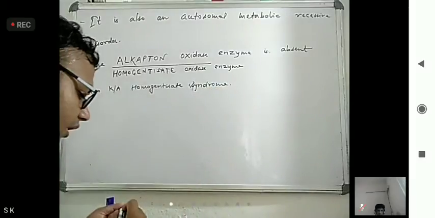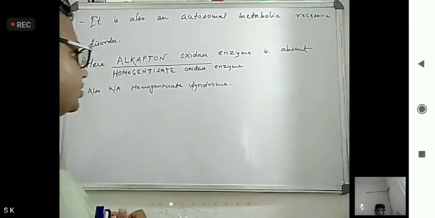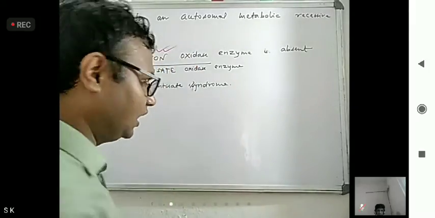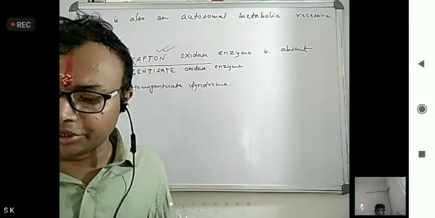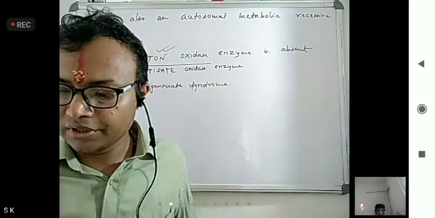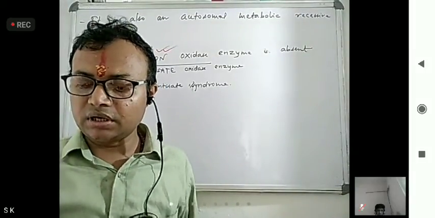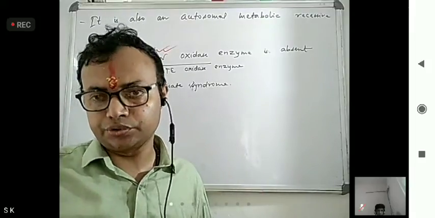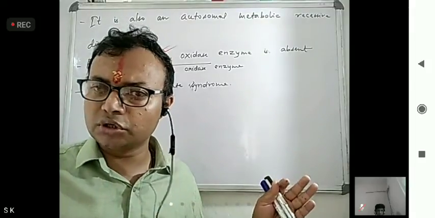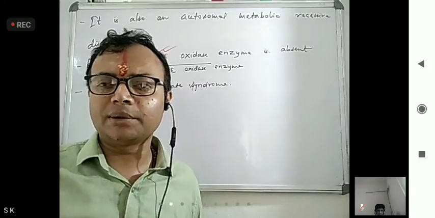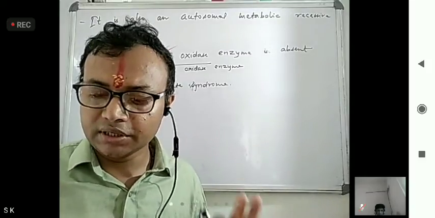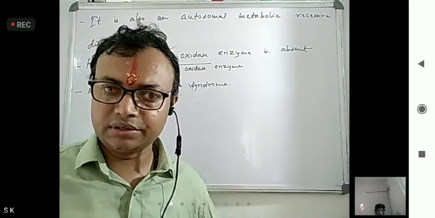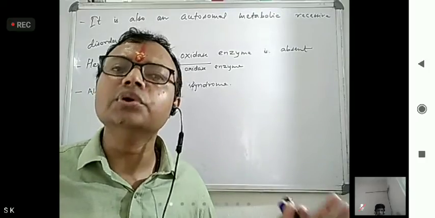This you have to remember: which enzyme is deficient here? That enzyme name is alkaptone oxidase. Now, what happens is that because conversion is not possible, this alkaptone accumulates in the tissue and is excreted in the urine. That's why it is known as alkaptonuria.